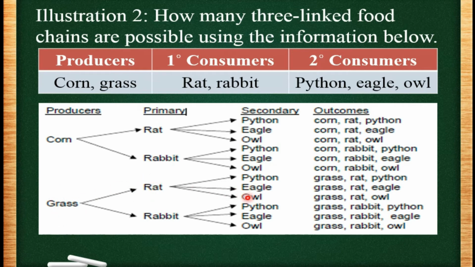Grass, rat, owl. Grass, rabbit, python. Grass, rabbit, eagle. Grass, rabbit, owl. Counting, we have 1, 2, 3, 4, 5, 6, 7, 8, 9, 10, 11, 12. N of S is equal to 12.